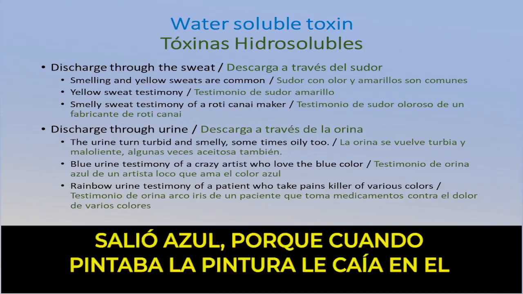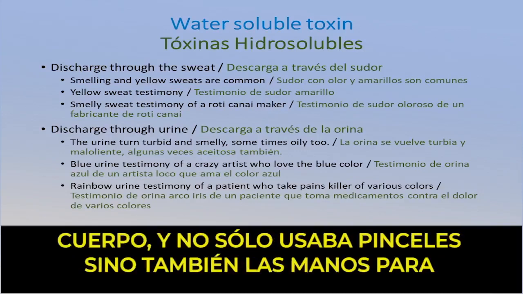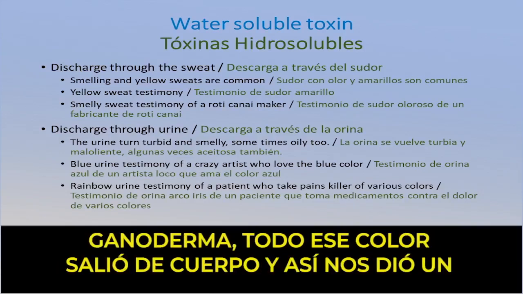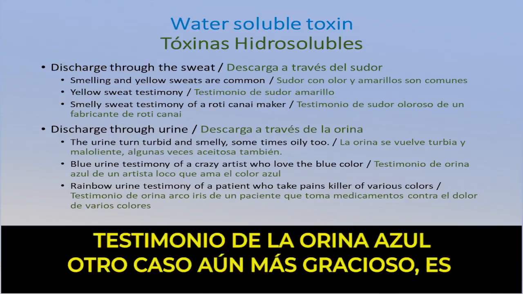Because when he paints, the paint spreads all over the body. Sometimes he uses the brush, sometimes the hand, he's a very crazy artist. So after taking Ganoderma, all the color came out from the body. Then we have a testimony of blue urine.